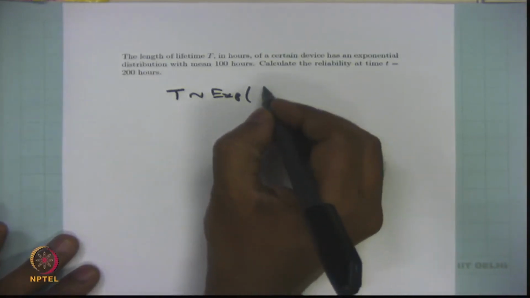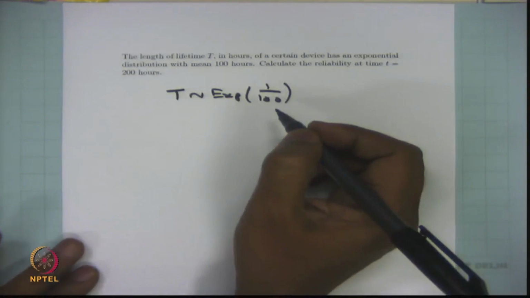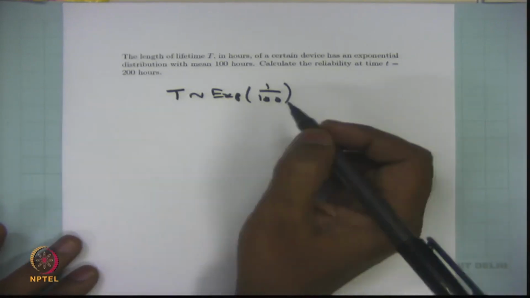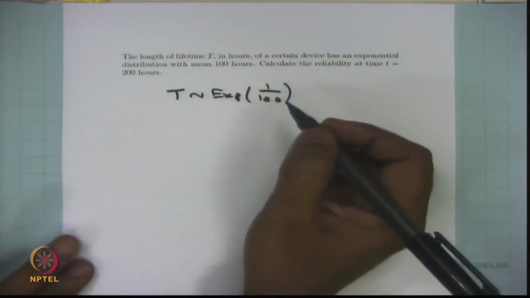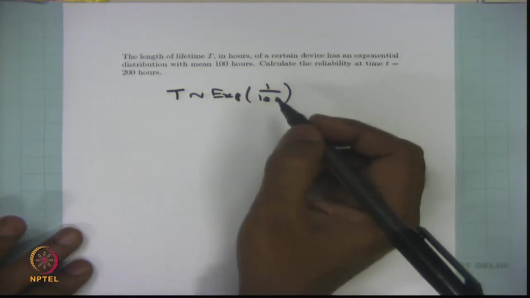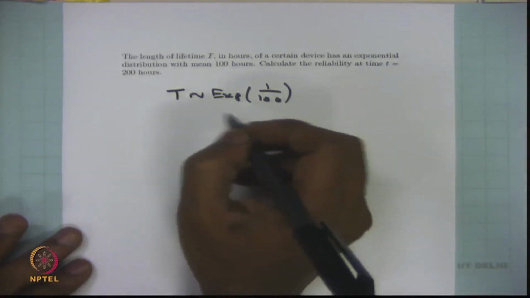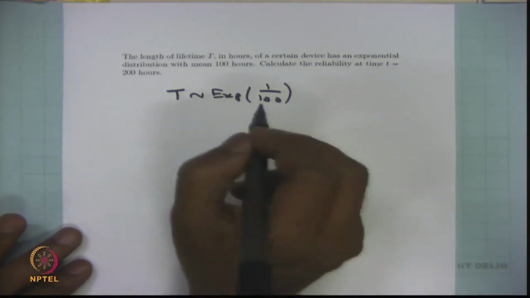Therefore, the parameter is going to be 1 divided by 100, because the unit of the random variable T is in hours. Mean and the parameter relationship is reciprocal. Therefore, T is exponentially distributed with the parameter 1 divided by 100.